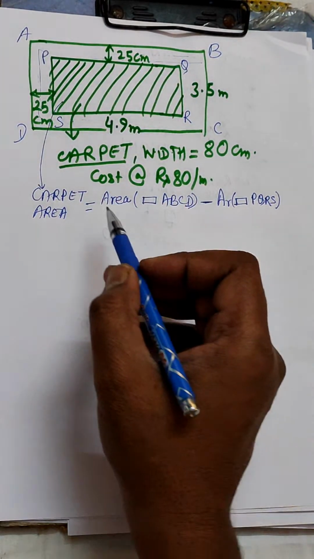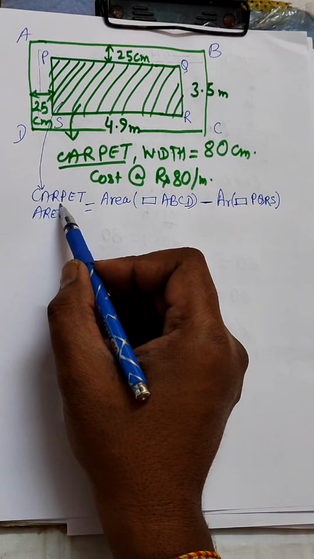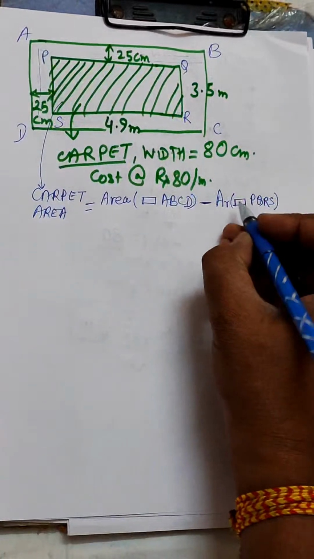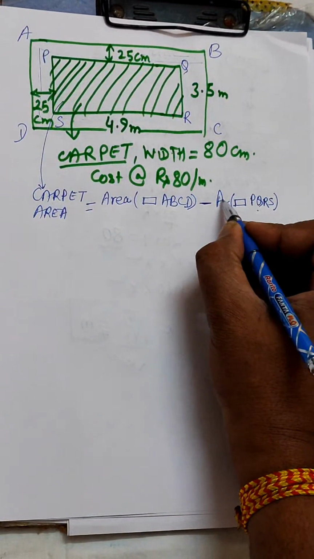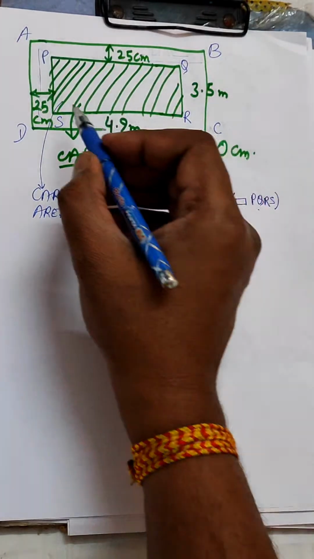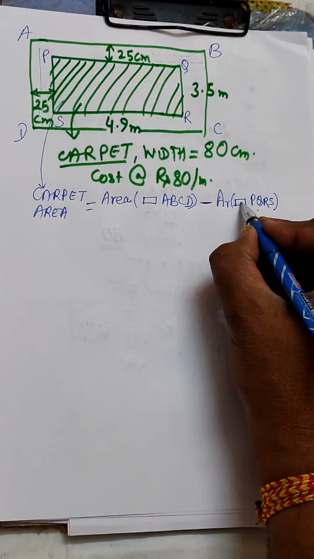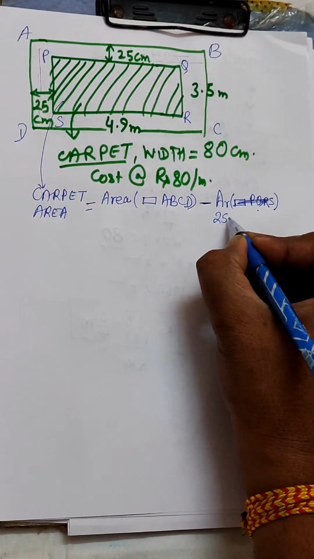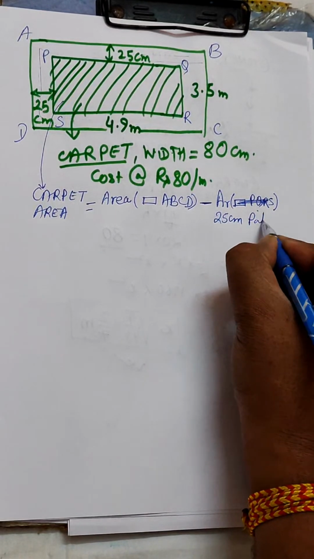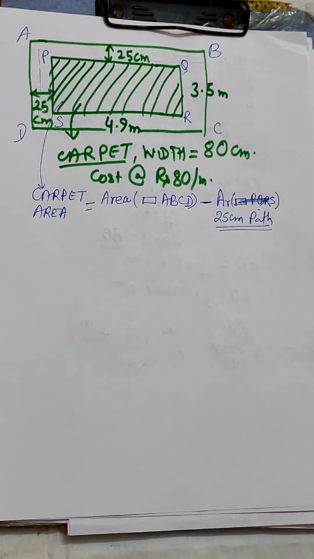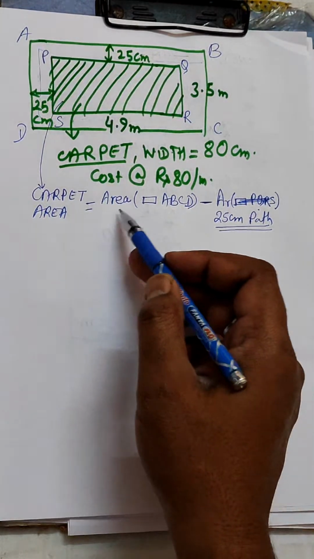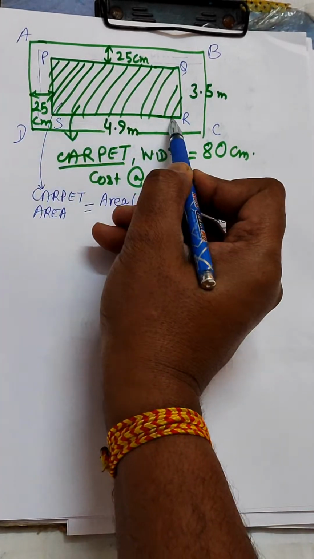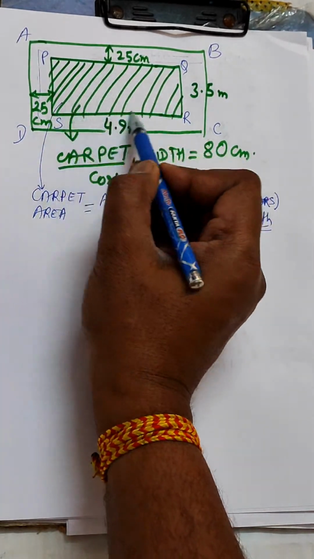So the carpet area is calculated when you subtract not PQRS, but instead the area of the 25 centimeter path. Rather than solving like this, you can simply calculate the dimension of this inner carpet area.